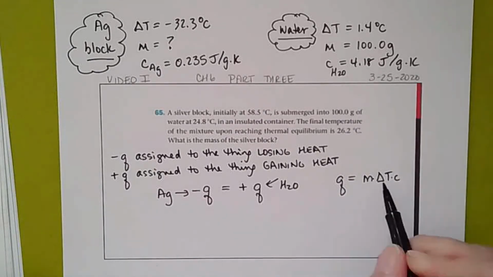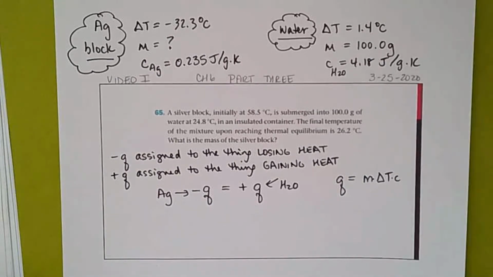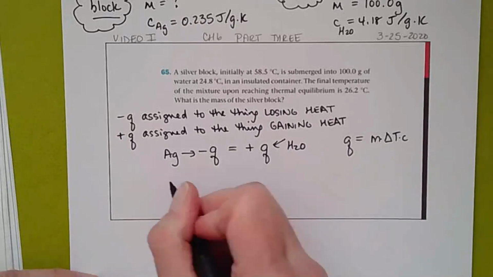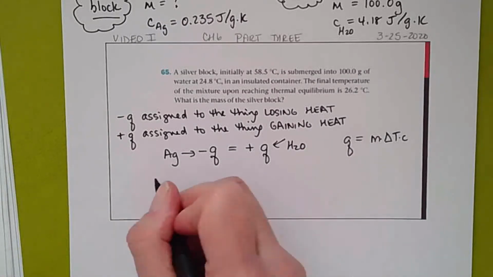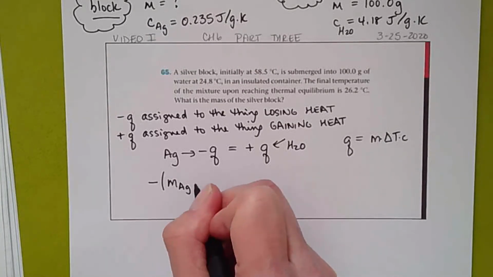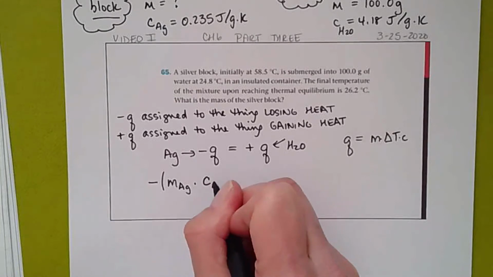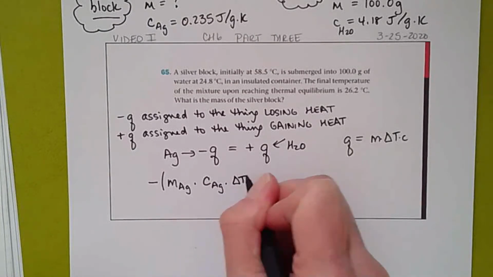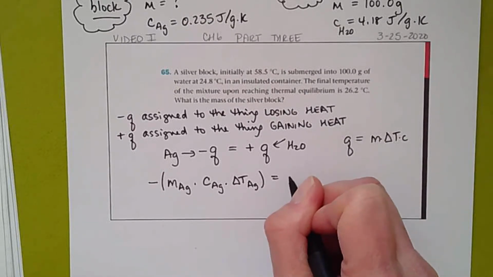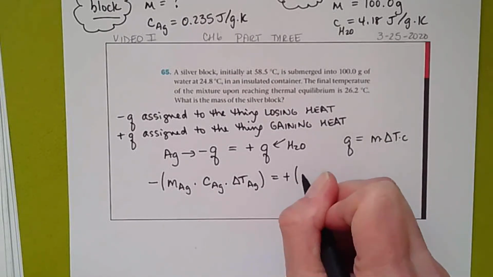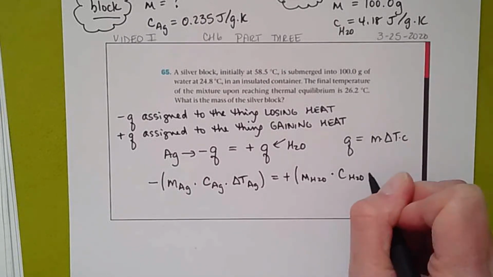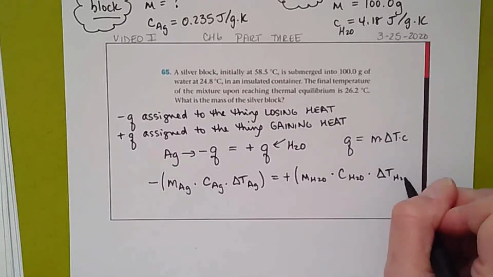Q equals mass times delta T times C. So I'm simply going to set these equal to each other: negative mass of silver times the heat capacity of silver times delta T for the silver equals positive mass of the water times heat capacity of the water times delta T of the water.